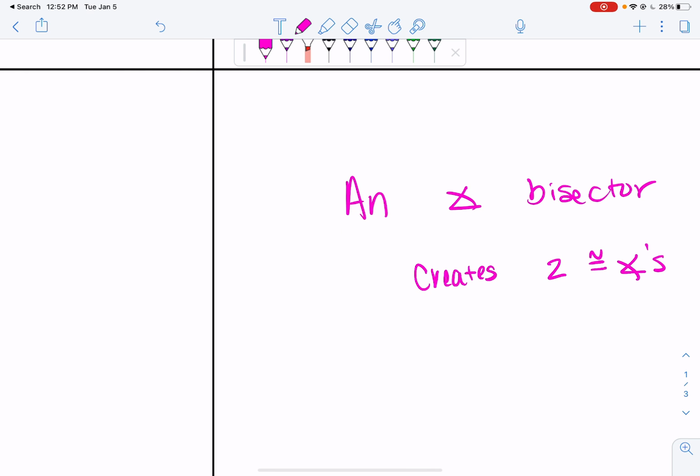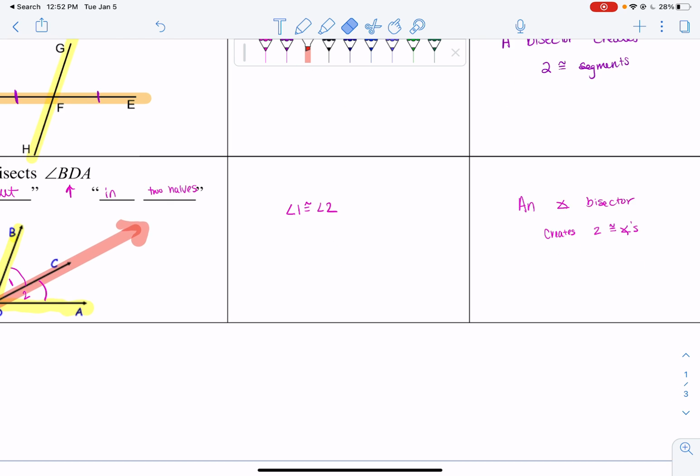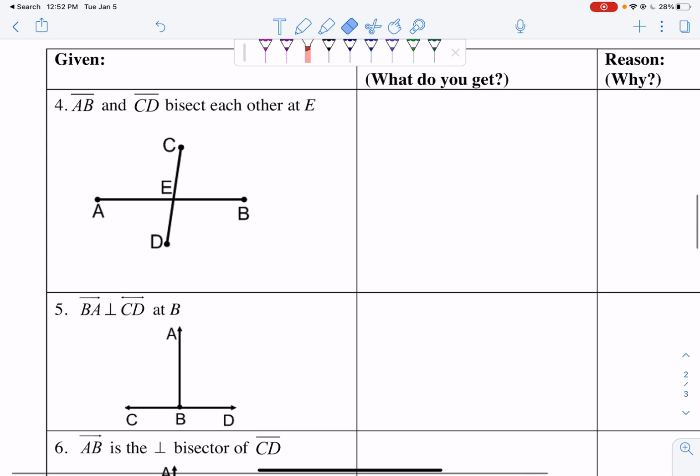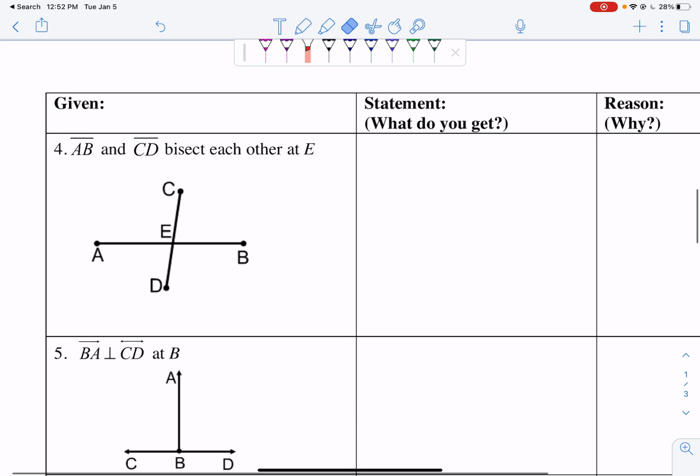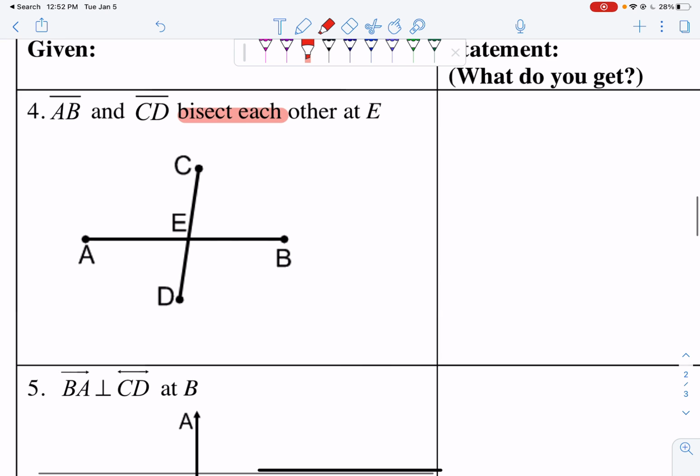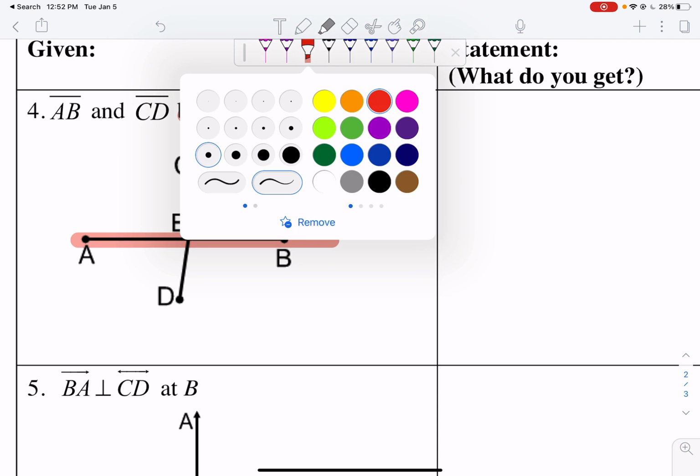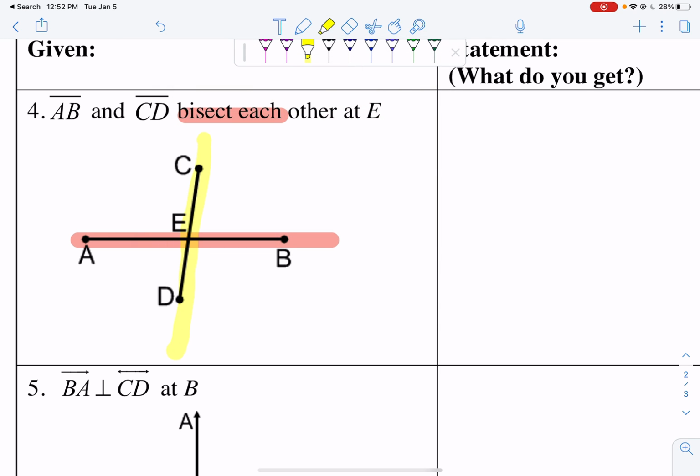And remember, this is what you would be writing in a proof. AB and CD bisect each other at E. Remember, bisect means that they're cutting in half. So we can say, if AB bisects CD, I can say my segments are congruent to each other.